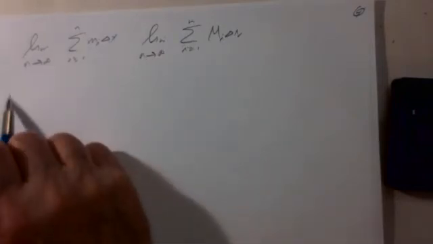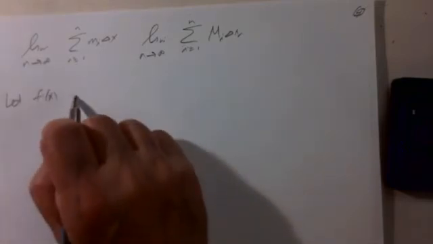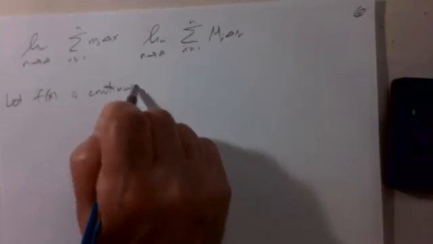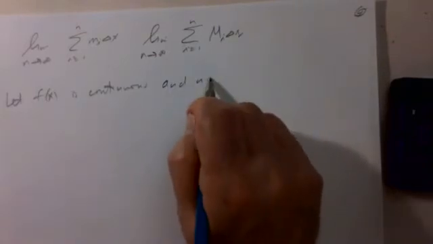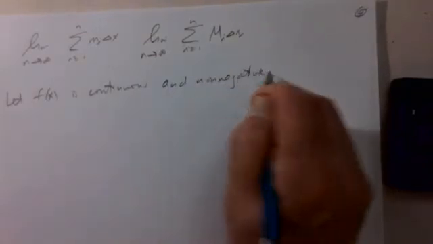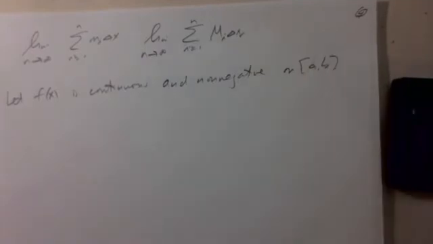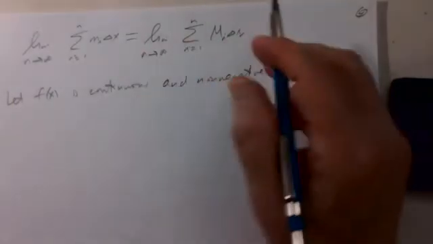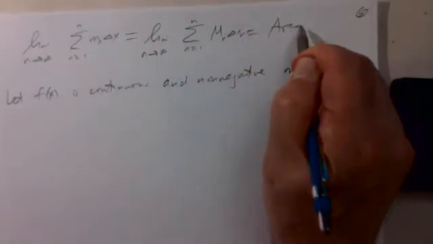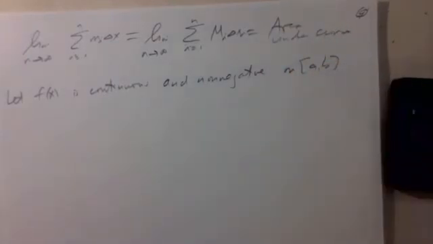And if f of x is a nice function, let's just say continuous, and non-negative, greater than or equal to 0, on the interval from a to b, then these two limits exist, and they're equal to the area under the curve for a non-negative function.